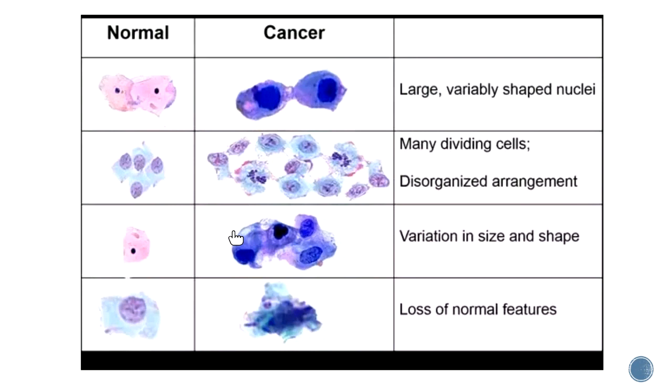You know what the normal anatomy of the cell is going to look like for that type of cell. Cancer cells are going to have all kinds of different things happening. They're going to be very irregular, with loss of normal features. We know what a cell, depending on the type of cell, is going to look like. If it looks totally erratic, it's a good indication it's going to be a cancer cell.